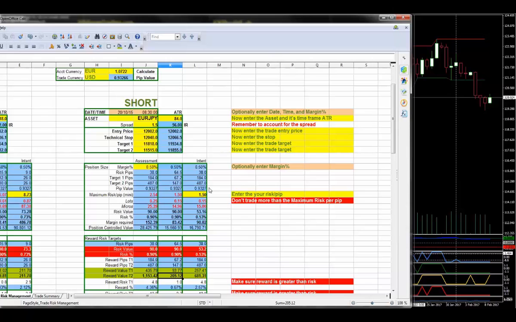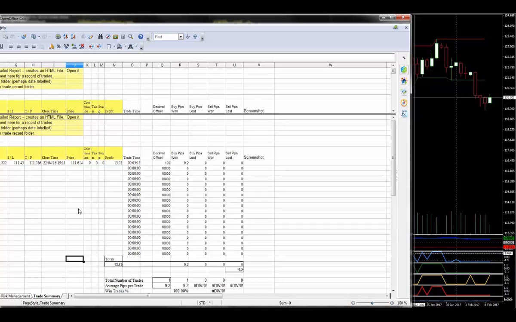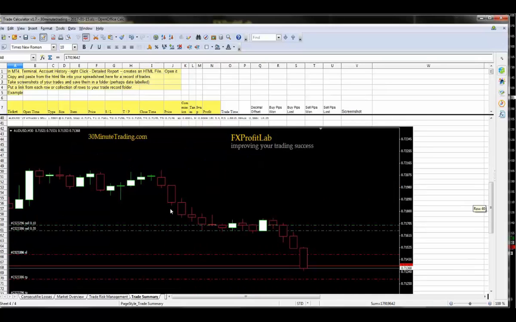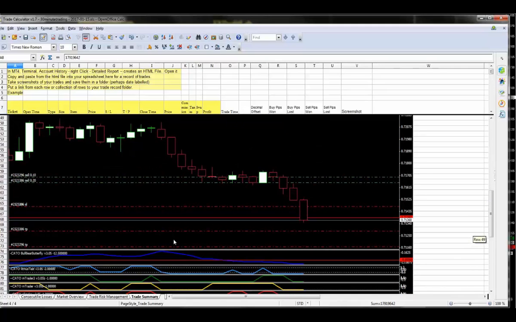And it does other things too. And then you can also work out details of your trade summary. You can put all your trade summary in here. It'll allow you to put in details from MetaTrader of all the different trades, exactly what it is, how many pips you've won and lost, and so forth. And you can copy and paste the screenshots, because I'm a strong believer in using records to keep a record of every trade.